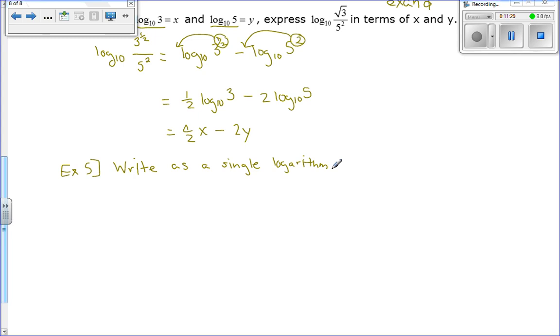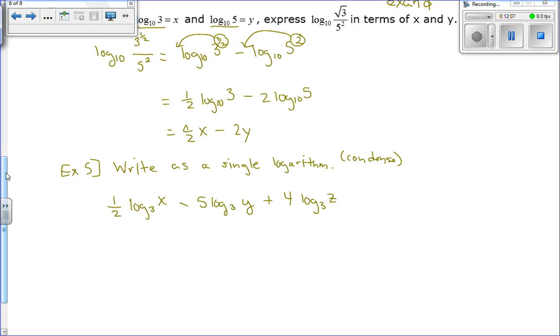This would be what I call condensed. Alright, our problem is 1/2 log base 3 of x minus 5 log base 3 of y plus 4 log base 3 of z.